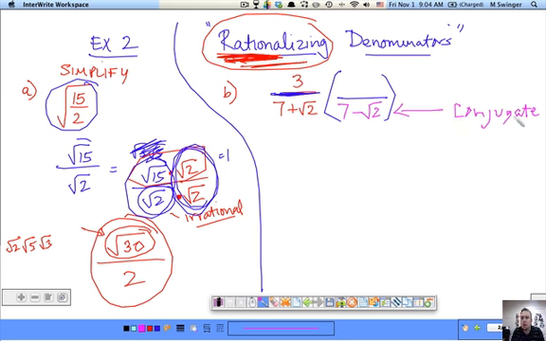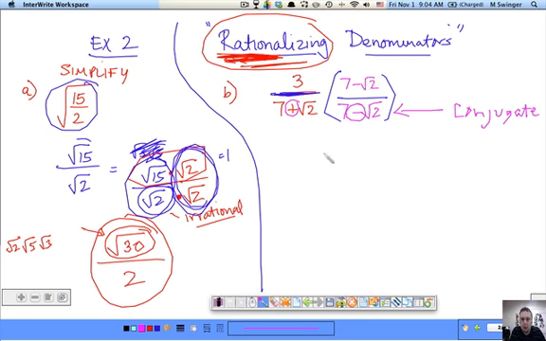The conjugate. So if I start with 7 minus root 2, I would actually multiply by 7 plus root 2. These two things have to be opposites. So when you multiply them, the roots actually go away. You'll see what happens then. I multiply 7 minus root 2 on the bottom, 7 minus root 2 on top.